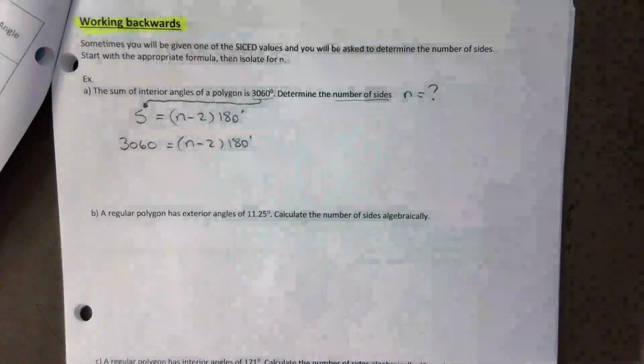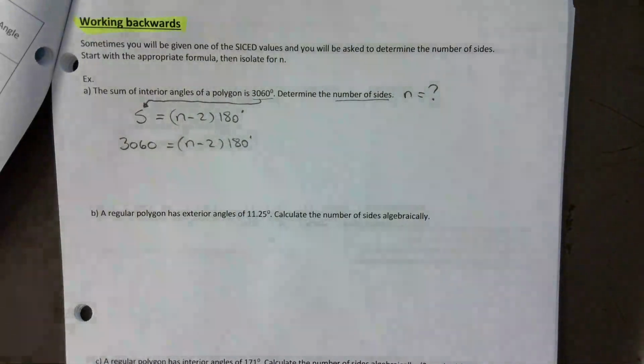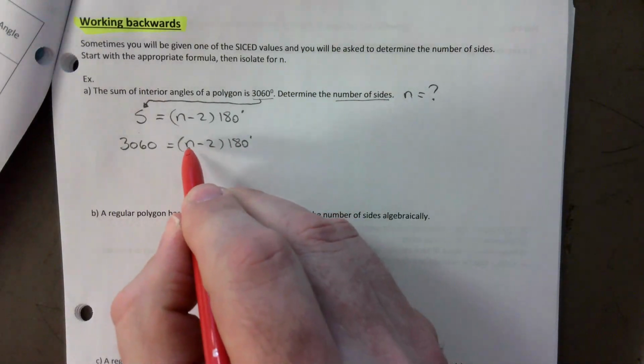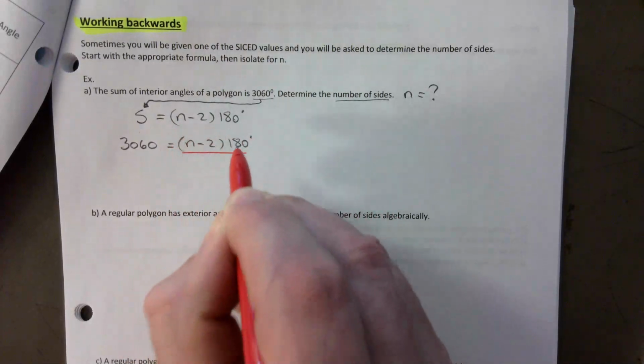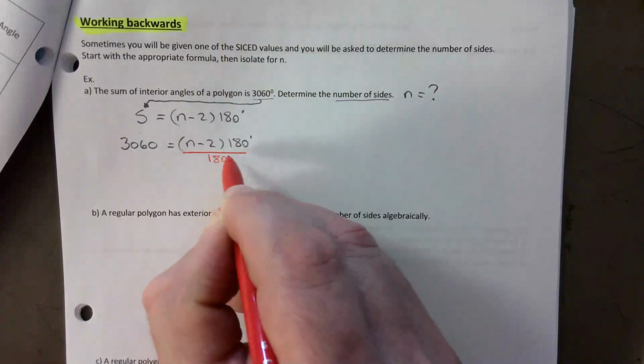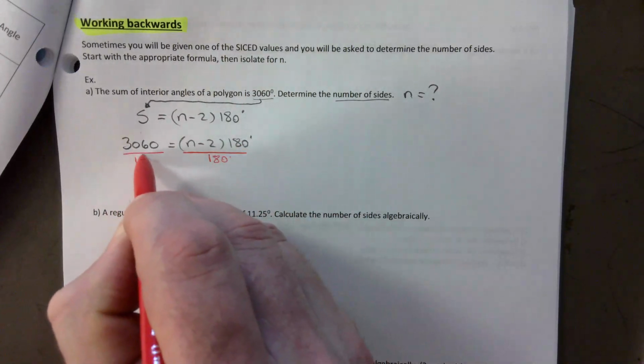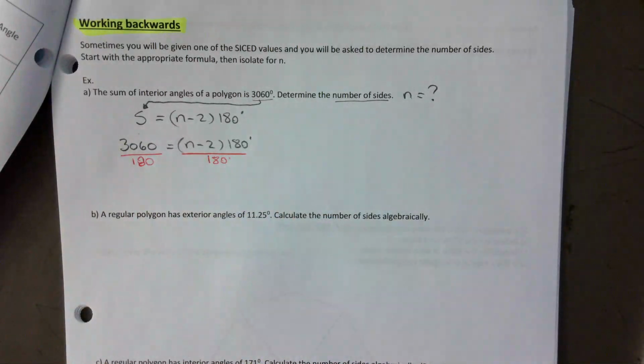Now, I tell students mostly, there is not just one way of doing it, but there are ways that make it easier on you. Okay? I want n on its own, so what I'm going to do is slowly undo what's around n. I'm going to tackle the 180 first. So I will divide both sides by 180 degrees.